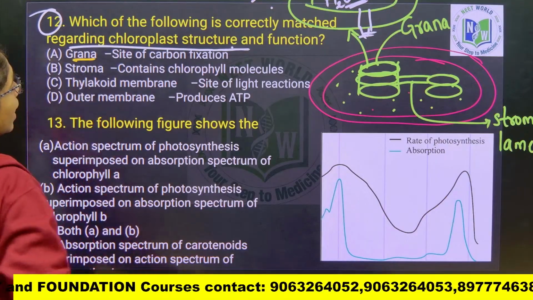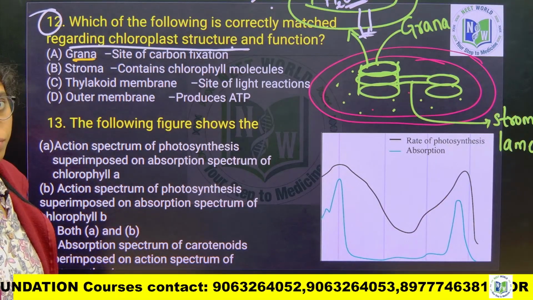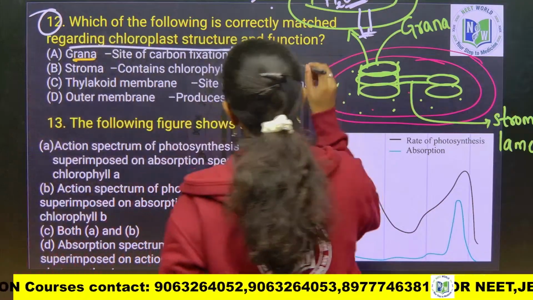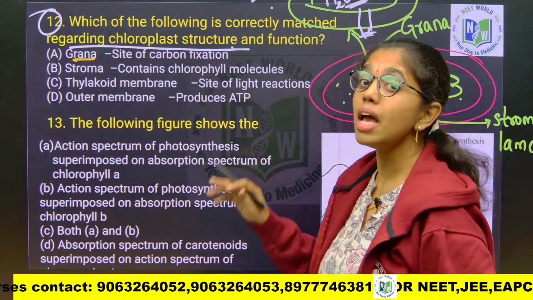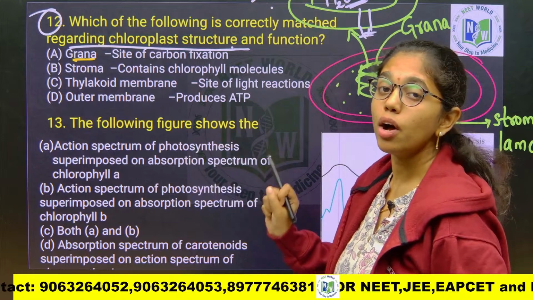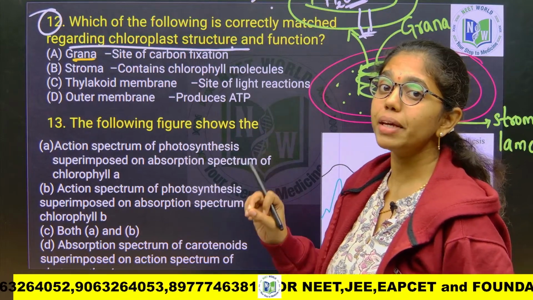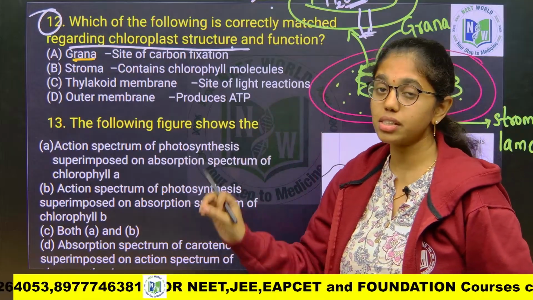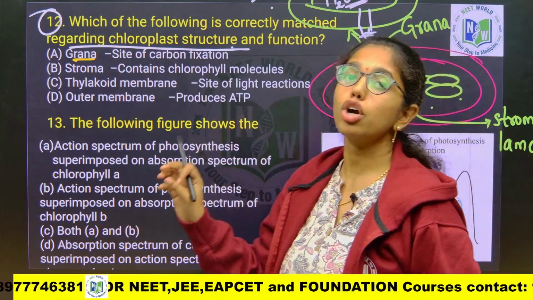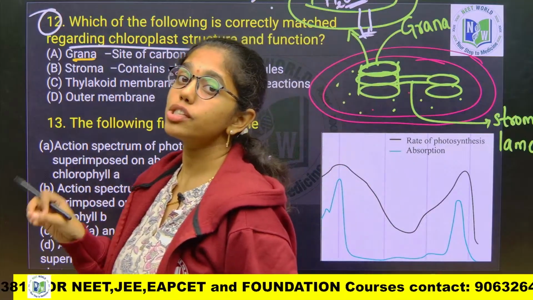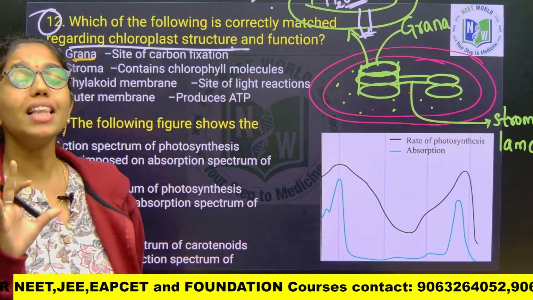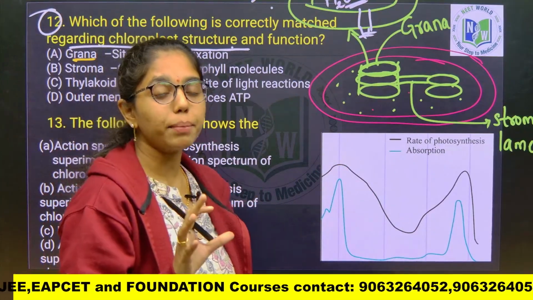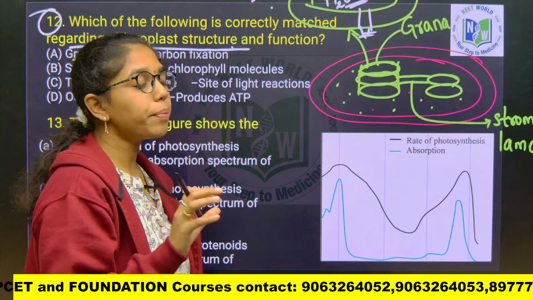Here you see, grana is the site for carbon fixation. Wrong. Stroma is the site for carbon fixation because in stroma what are present? ATP and NADPH at the end of light reactions are released into the stroma of the chloroplast, and inside stroma only all the enzymes which are required for carbon dioxide fixation are present.